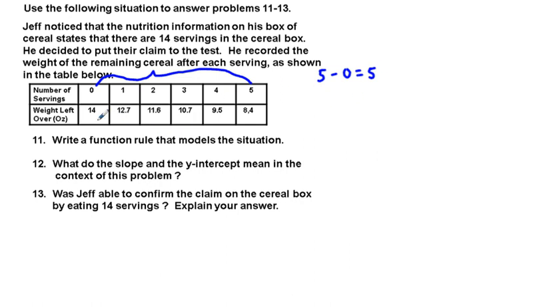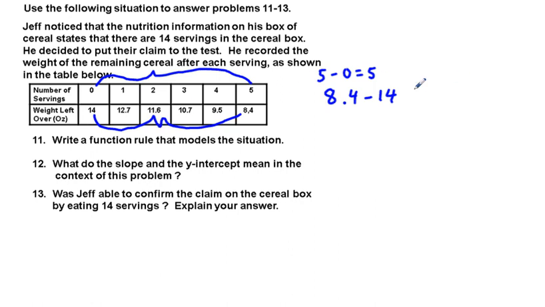And then, what is the weight left? Well, that would be this increment here. Okay, we started with, well, the change is going to be 8.4 minus our initial amount, which is 14.